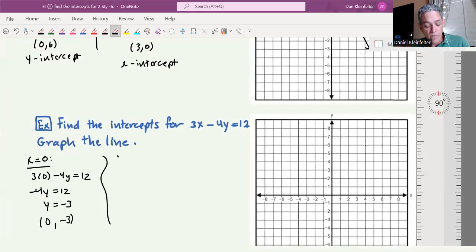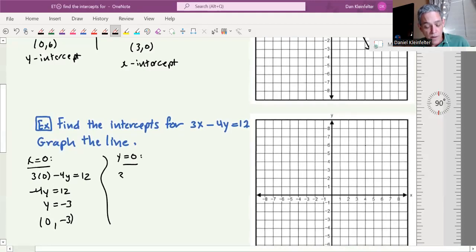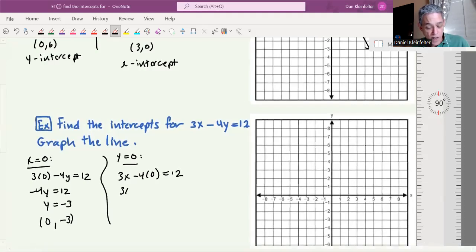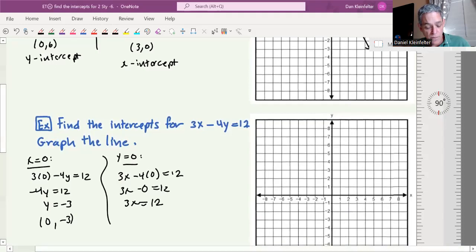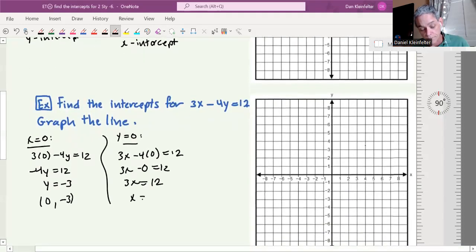Then we will have y equaling 0. We'll have 3x minus 4 times 0 equals 12. 3x minus 0 is 12. 3x is 12. So that x is 4. We'll have the point 4, 0. 4, 0 is on the graph, and 0, negative 3 is on the graph.